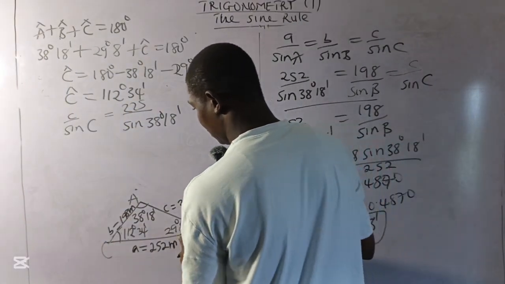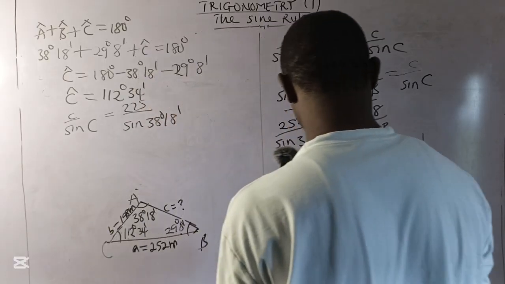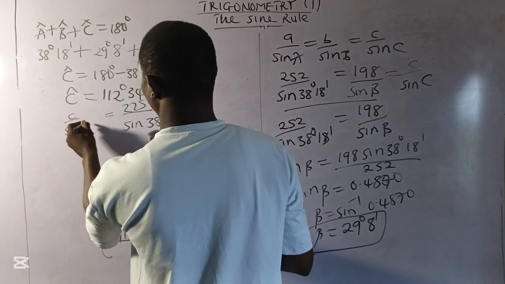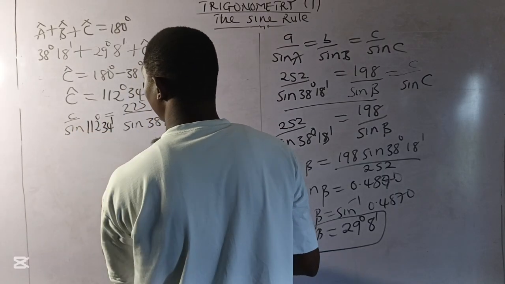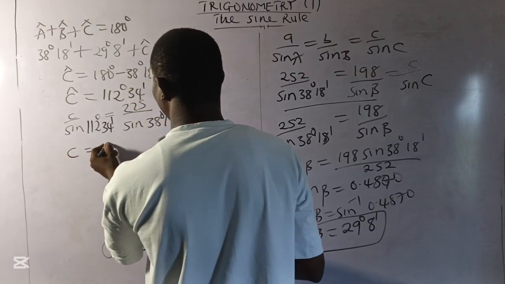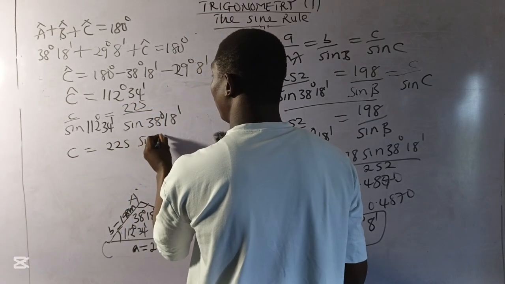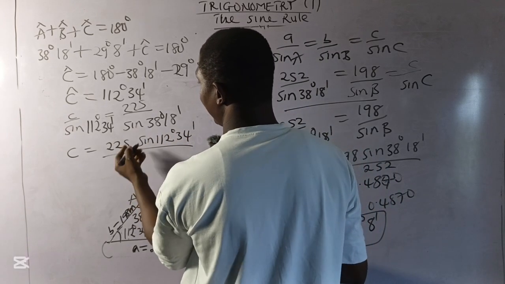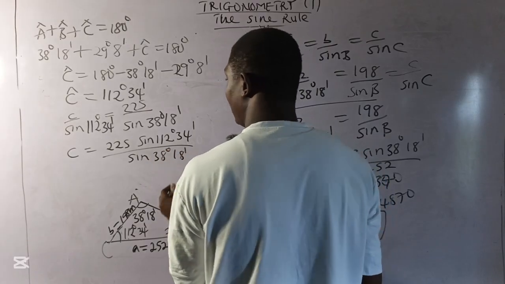I can simply replace my C with what I have here, which is 112 degrees 34 minutes. If I make c the subject of the formula, I'll have 225 sine 112 degrees 34 minutes, all divided by sine 38 degrees 18 minutes.